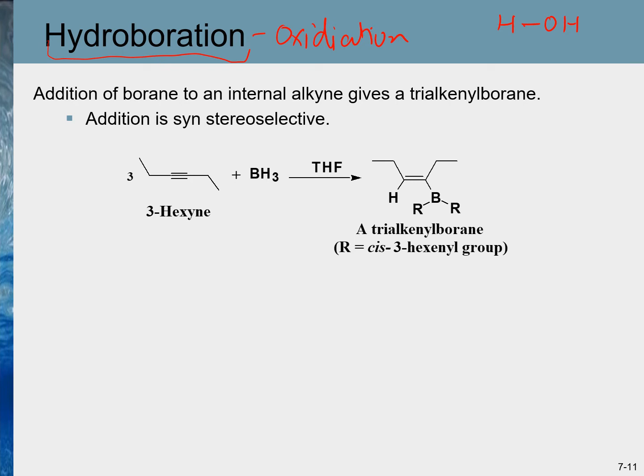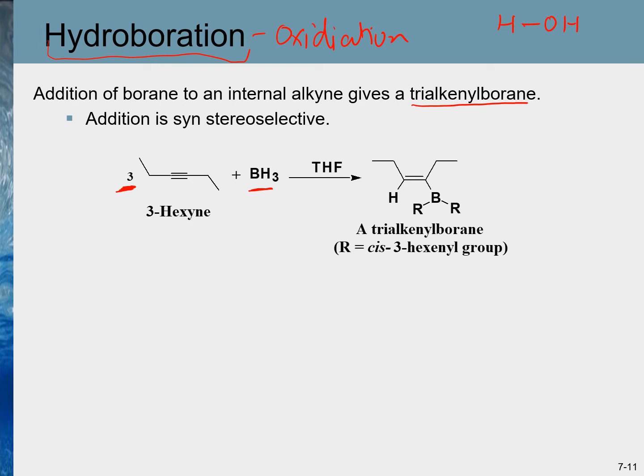In the first step, borane adds readily to the internal alkyne to give us a trialkenylborane addition product. This addition is syn stereoselective. As we saw in the case of alkenes, each borane will add to 3 molecules of alkyne here.